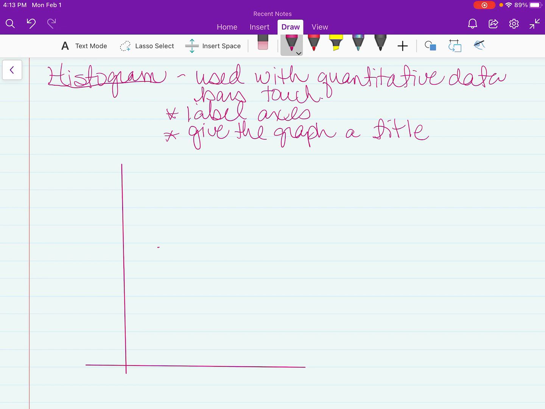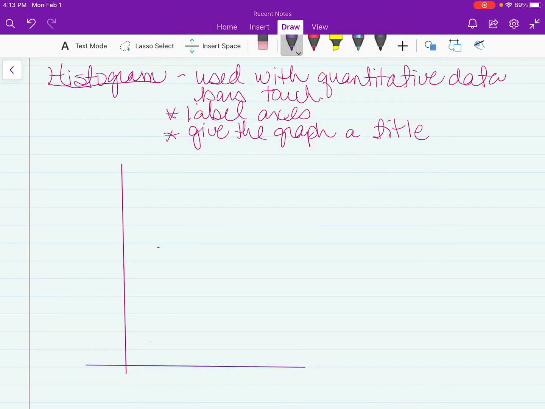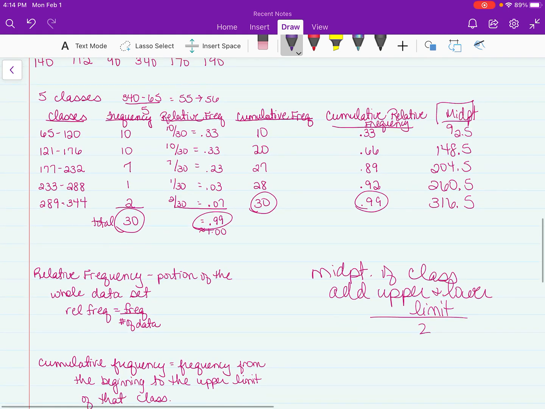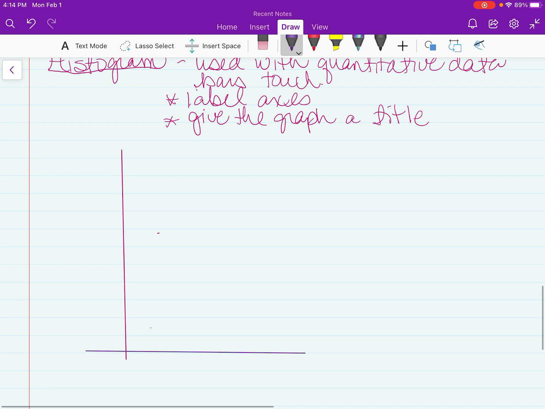And what you'll see is they're actually exactly the same. So for my frequency, my numbers go from 1 to 10. So I want to make sure that I use all of those. 1, 2, and they need to be evenly placed on the vertical axis. 2, 3, 4, 5, 6, 7, 8, 9, 10, 11.